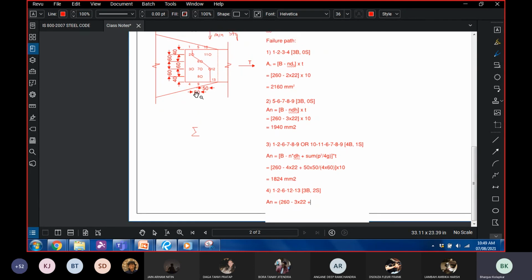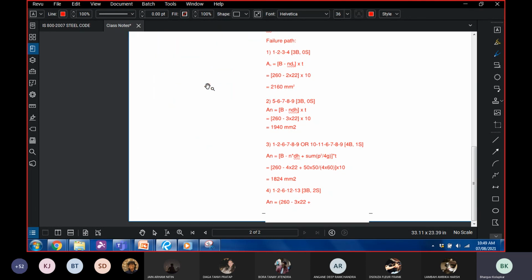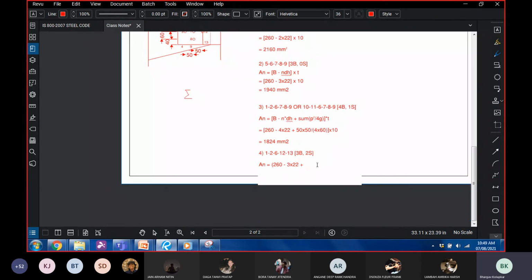in the first one, the pitch is 50, the gauge is 60. In the second one, the pitch is 50, the gauge is 60. So 50 into 50 divided by 4 into 60 plus 50 into 50 divided by 4 into 6. And then you just have to multiply this entire thing by thickness.